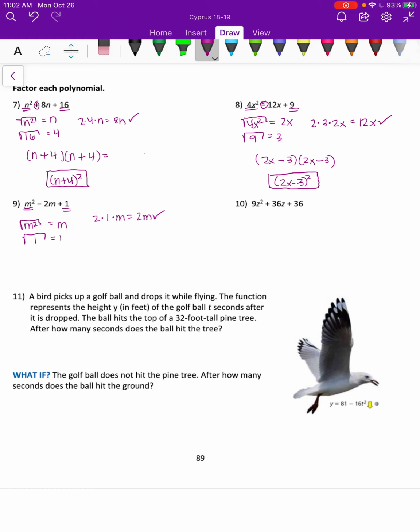That's the middle part, so we are good to go. I jump straight down to my answer now. We have m and 1, m and 1. What sign goes in there? Well, 2m is negative, so those are both negative. So my final answer, m minus 1 squared.